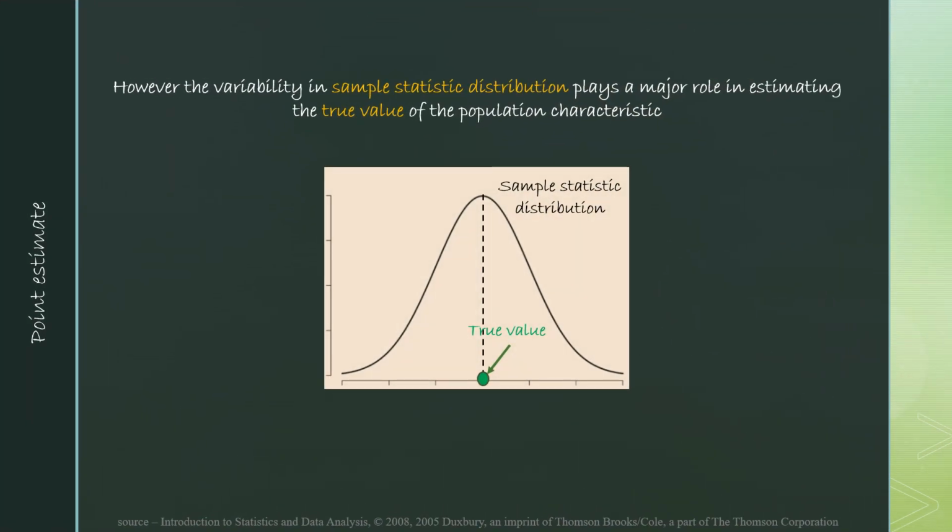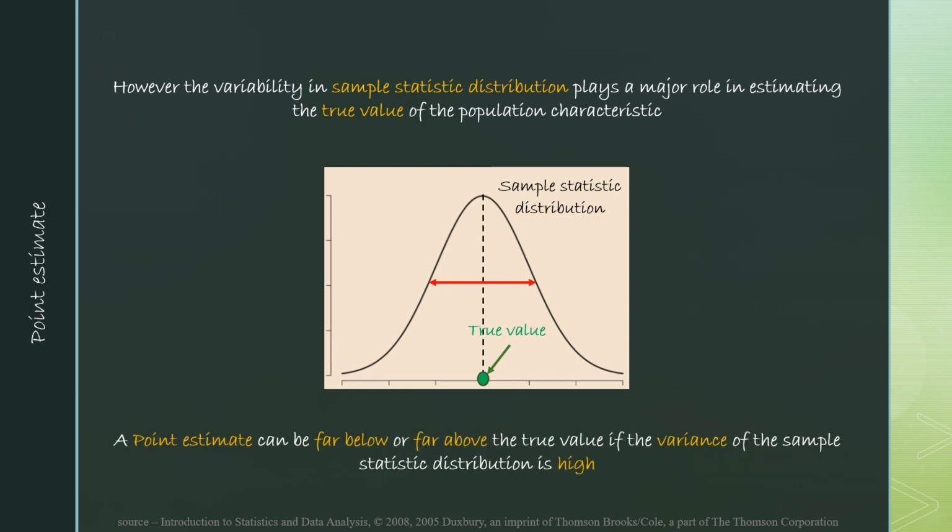However, the variability in the sample statistic distribution plays a major role in estimating the true value of the population characteristic. A point estimate can be far below or far above the true value if the variance of the sample statistic distribution is high.